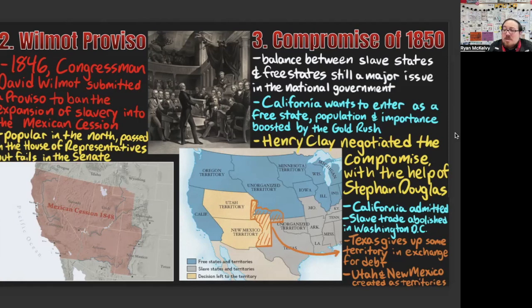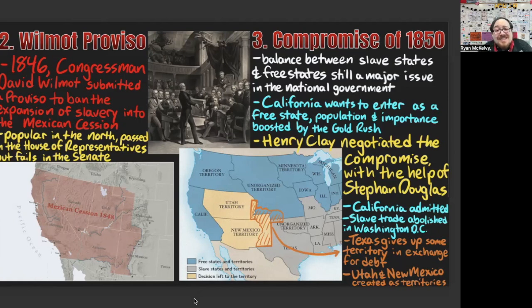It is very popular in the North, which is against slavery, but it is very unpopular in the slave South because they want more slave states. They want to maintain the equal measure of slave states and free states, and they want more territory to be open to slavery.